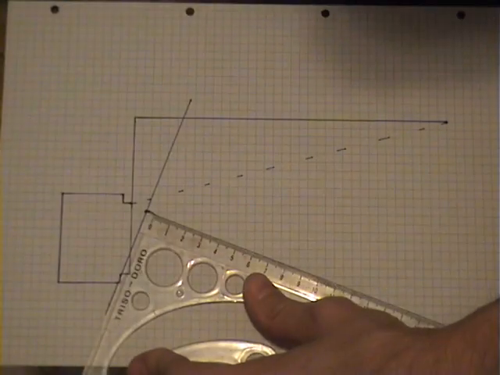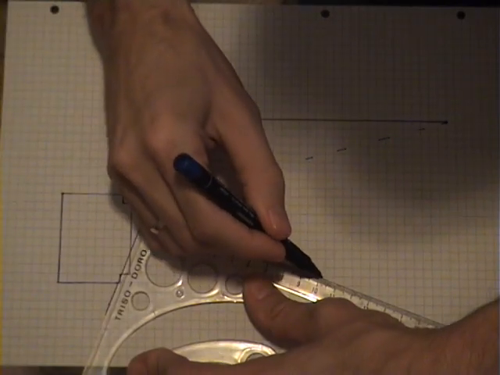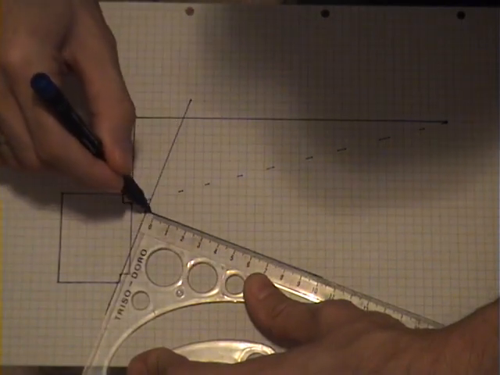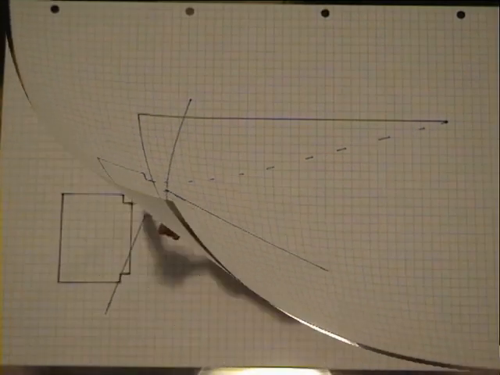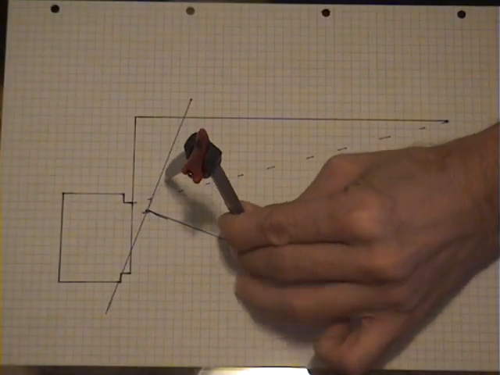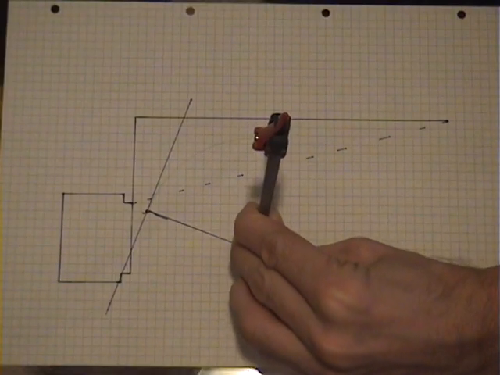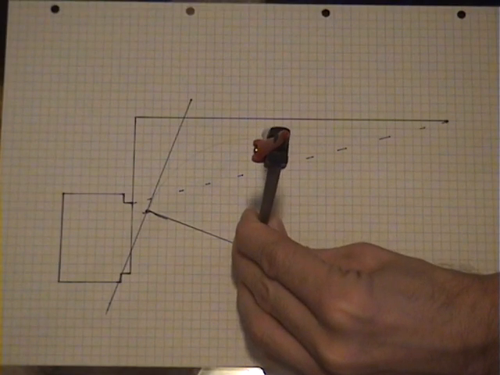7. Draw a tangent at the final angle of the jumper's approach. 8. Put the sharp point of the compass on the tangent and draw a circle starting from the takeoff point.